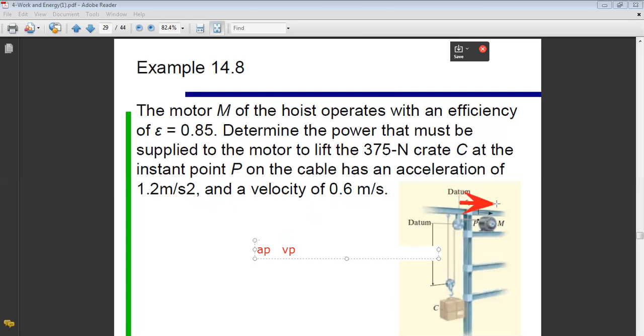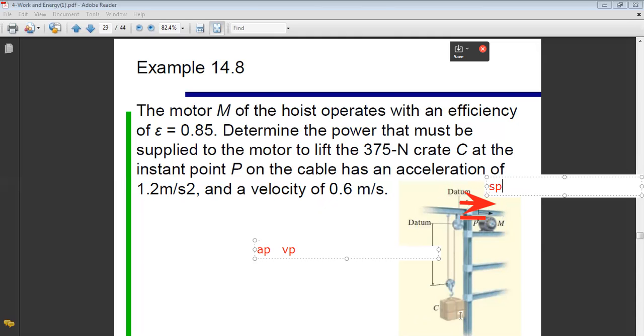This coordinate will not just consider the distance that is constant to the motor, but what is changing when the motor is pulling the cable, the length that enters inside the motor. We will call it S of P.